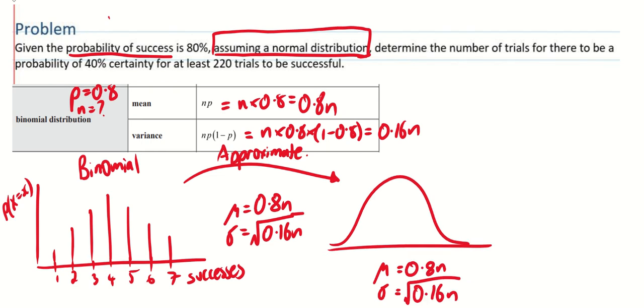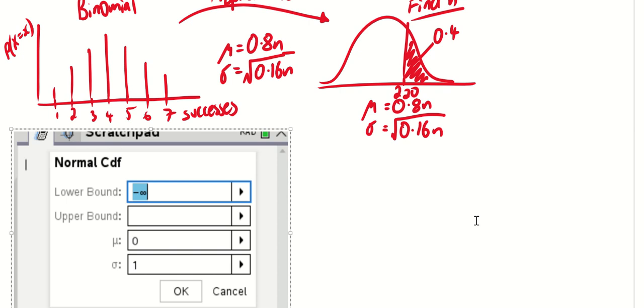So effectively we're in this situation now where we want at least 220 successes, and we want this area to be 0.4. So our job in this case is to find n. If we open normal CDF, we really want something from 220 to some big number.